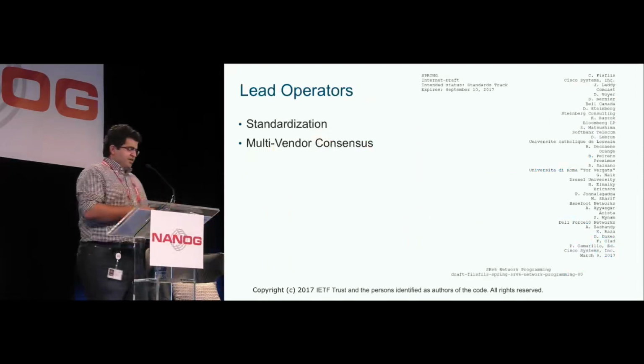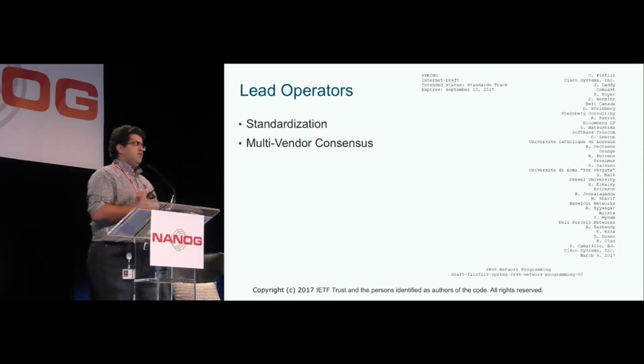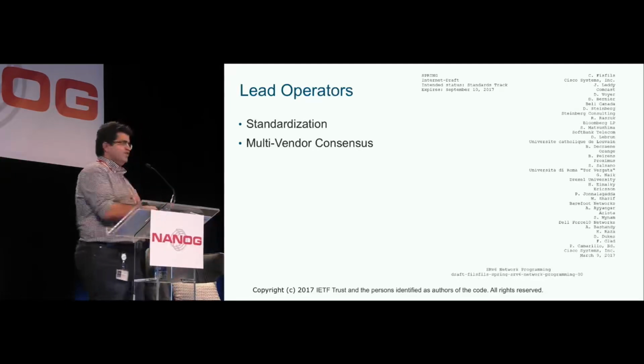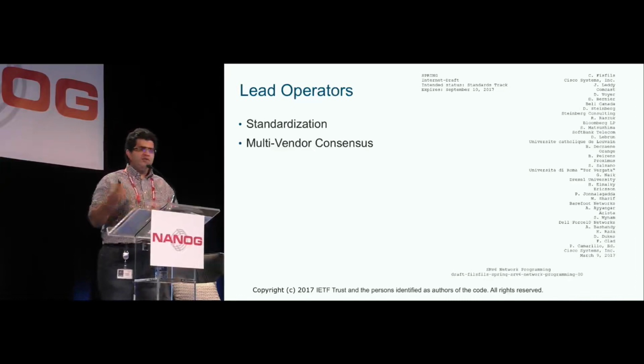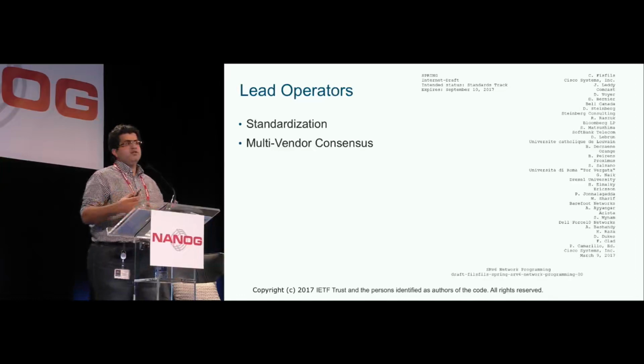We started on this journey of segment routing v6 in early 2017, where we shared the idea and published the drafts in IETF. Since then, multiple lead operators have joined us, as you can see in this list. We also have universities and academia, with whom we have partnered to do this implementation.